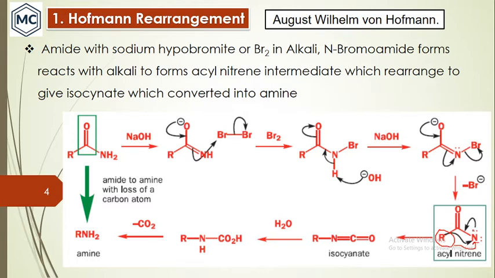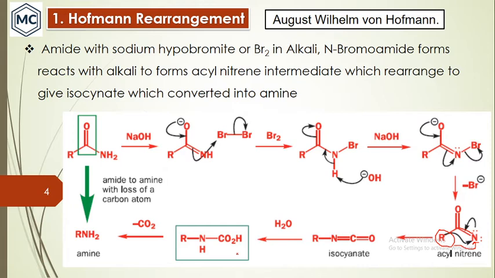So this lone pair is used to make up a pi bond, and this alkyl group, this R minus, goes to this nitrogen. That is, R goes to the nitrogen, and this becomes a double bond, CO. This is called isocyanate. Finally, this isocyanate is hydrolyzed to give carbonic acid. I will discuss the mechanism in a later slide.